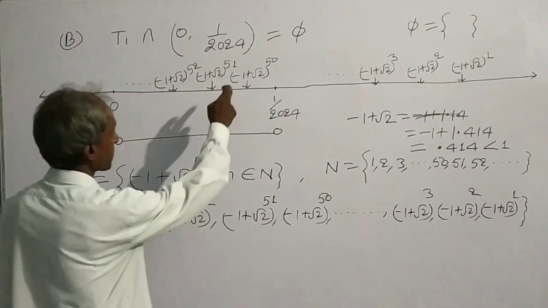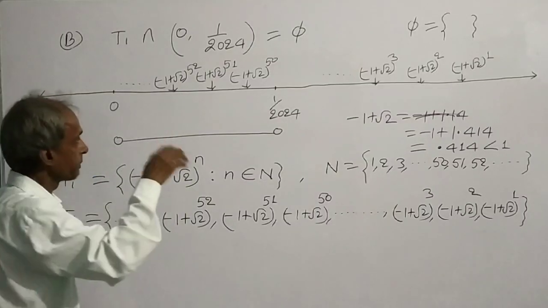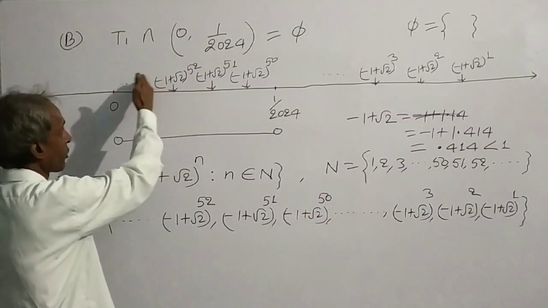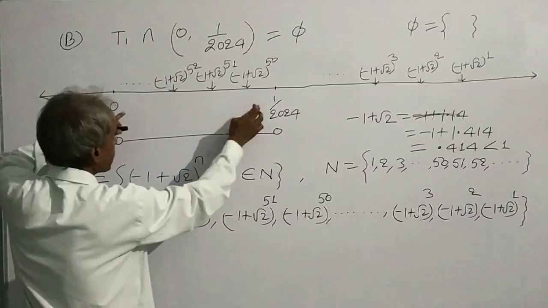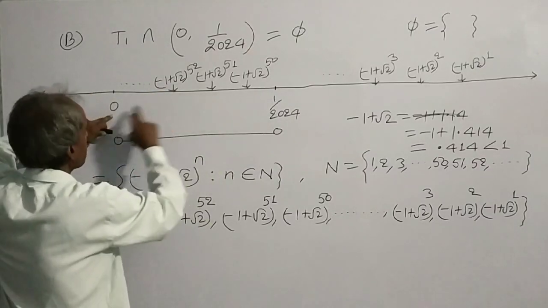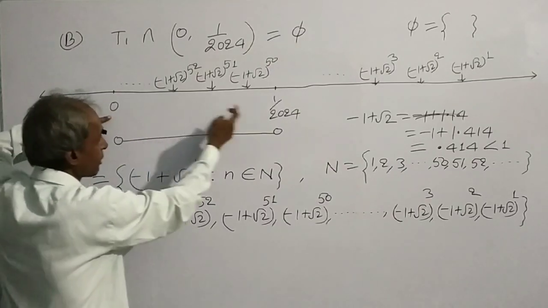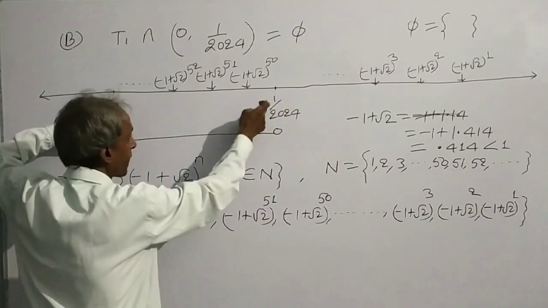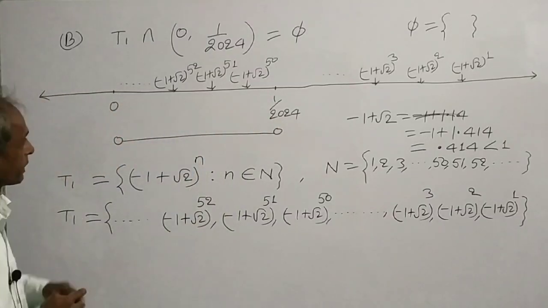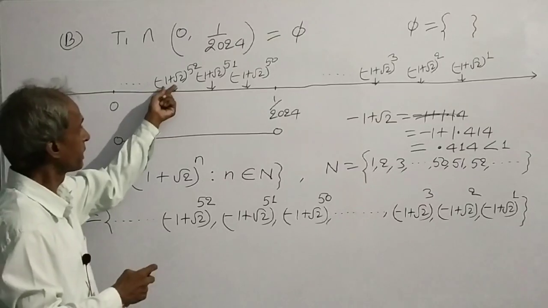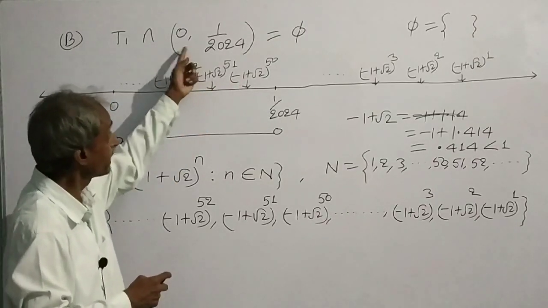We observe that some numbers, and similarly many more numbers written on the left hand side of this number, are present in the position that is on the right hand side of 0 and on the left hand side of this 1/2024. Therefore, some numbers are also present in this set.